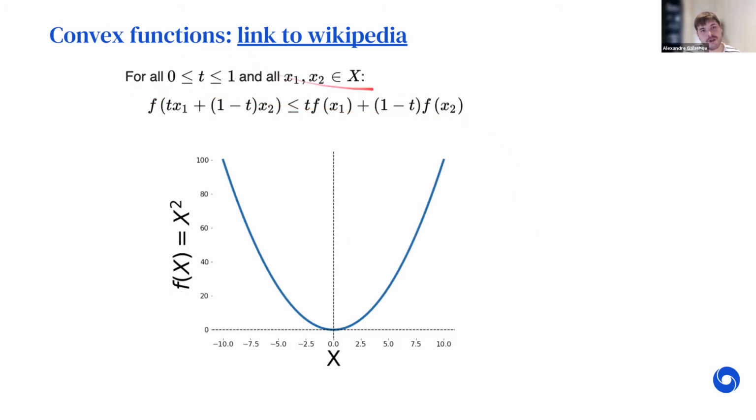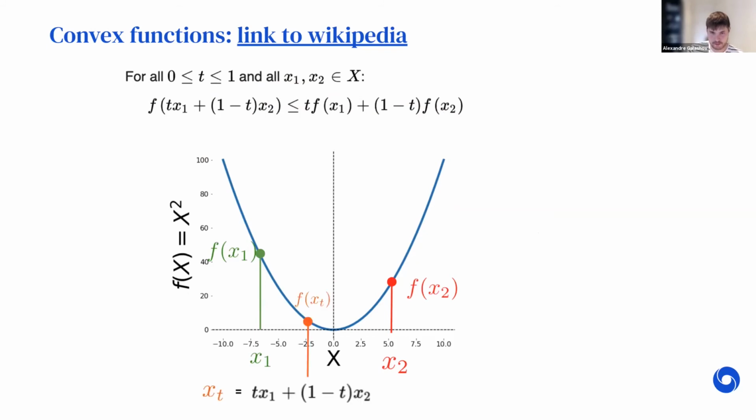If you just read that, it may look a bit complicated, but let me just show you quickly what it means.